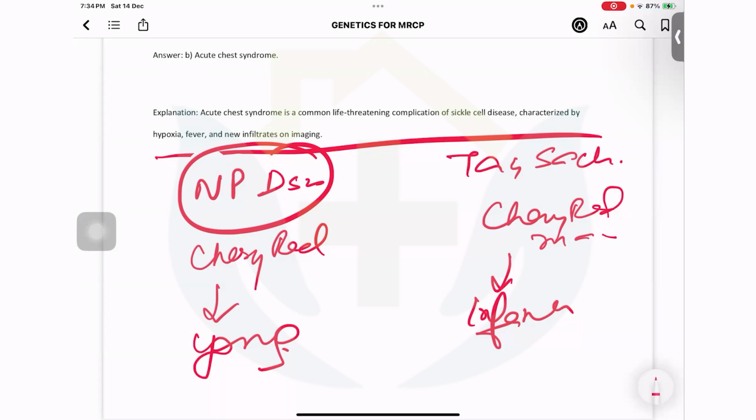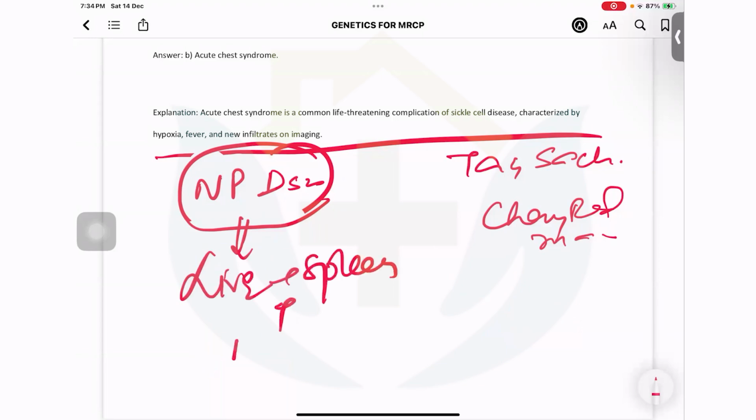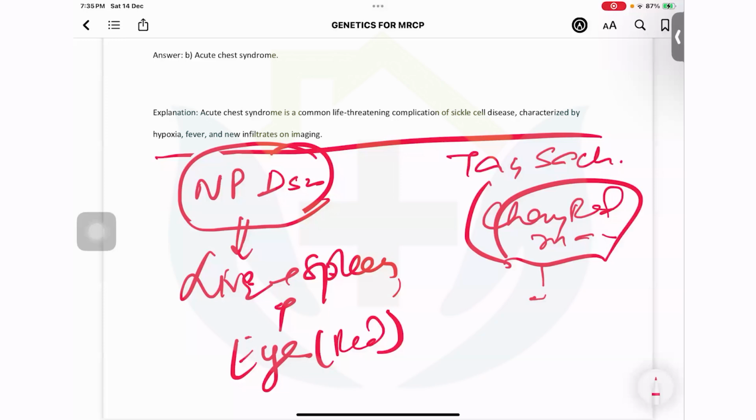Whereas in Tay-Sachs disease, the cherry red spot is present in all the patients, and there will be no hepatosplenomegaly. This is how you can remember it clinically: in Niemann-Pick disease, liver and spleen are also involved, liver, spleen plus eye, so red macula and this. Whereas in Tay-Sachs, only the red macula will be there. Liver and spleen will be normal.